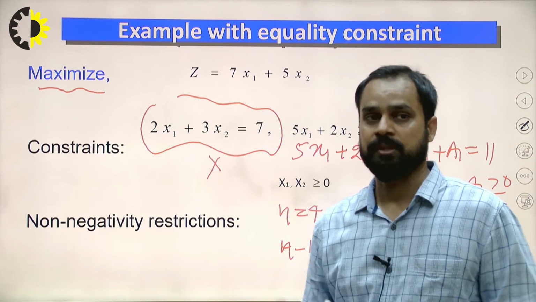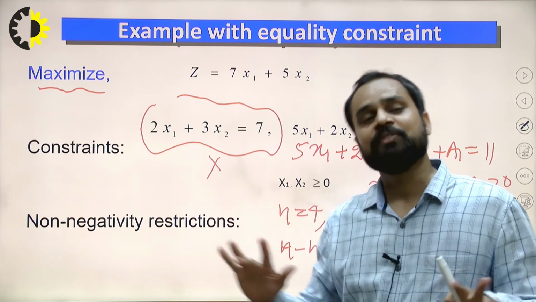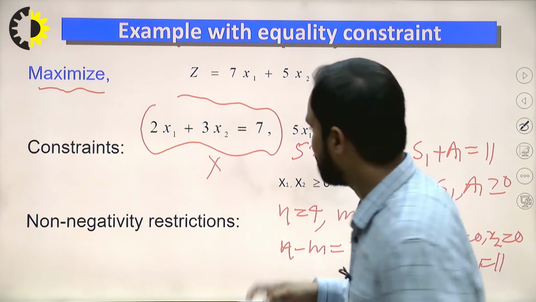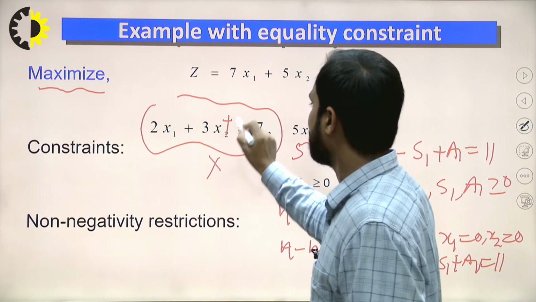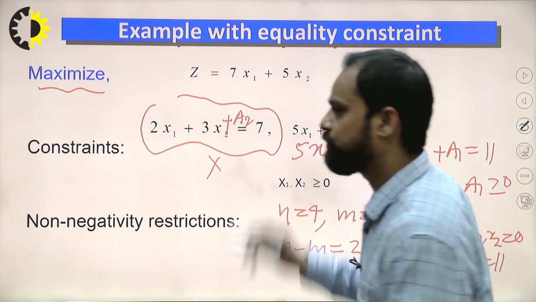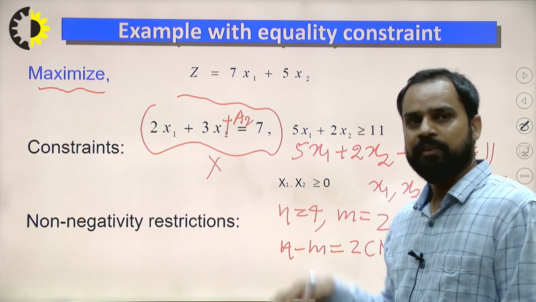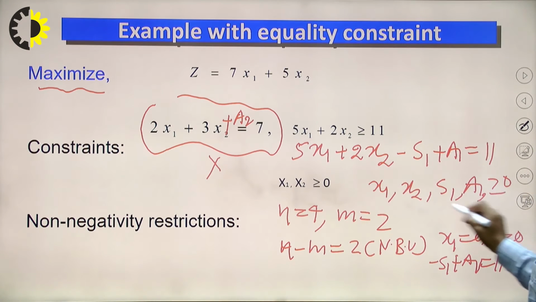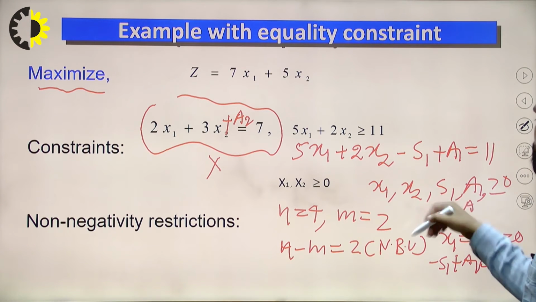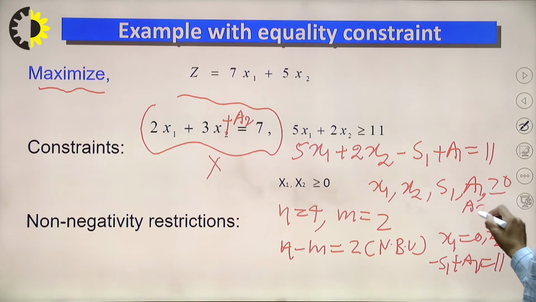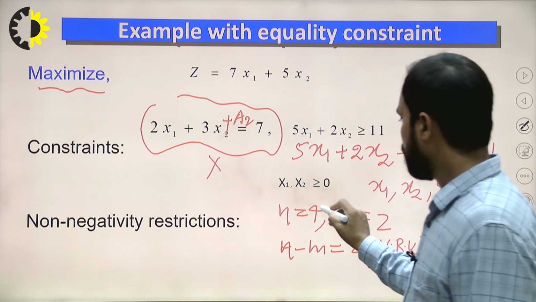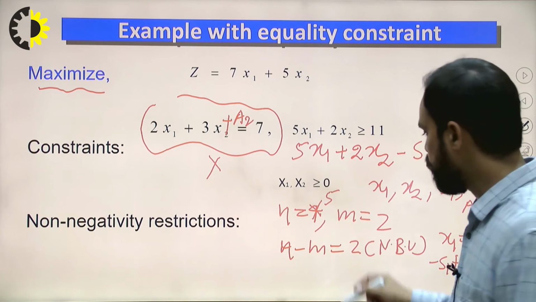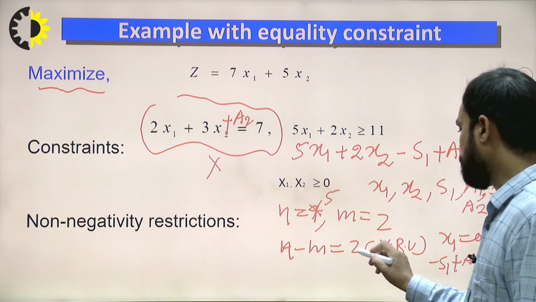It means if the constraint is of equality type, then we have to introduce an artificial variable, suppose I am adding a2. If I add a2 here, the non-negativity restriction becomes x1, x2, s1, a1, a2 greater than or equal to 0. The number of variables becomes 5, the number of equations is 2, and n minus m becomes 3.